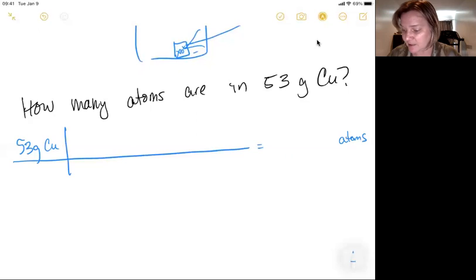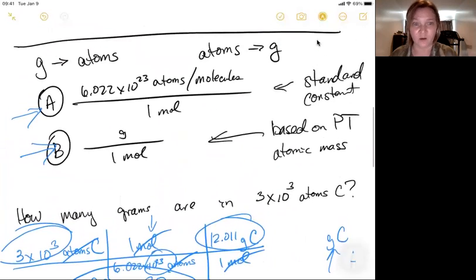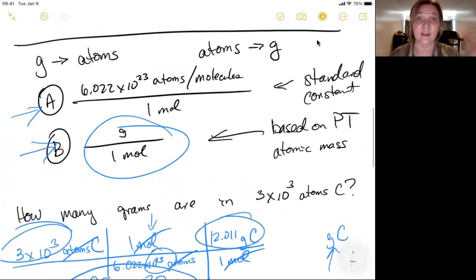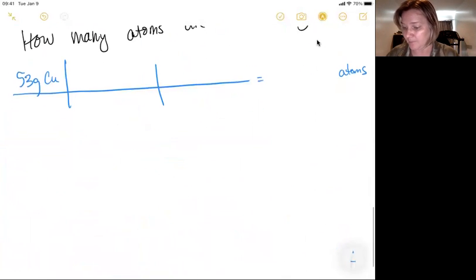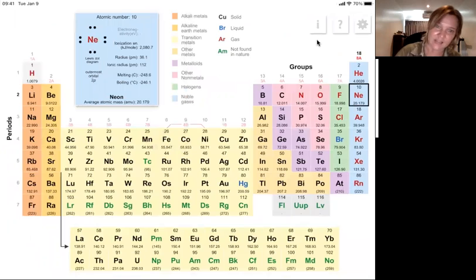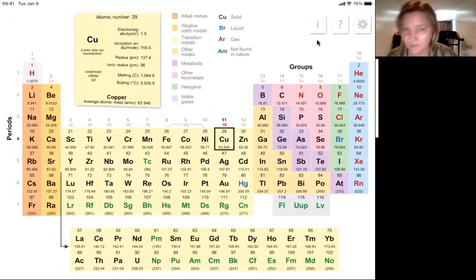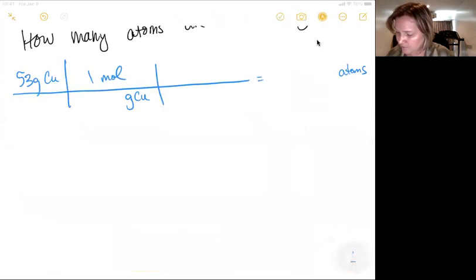The first thing that I'm going to do, again, is look up here. I start with grams, and I don't want grams, so I'm going to use this to get rid of grams. Grams are on the bottom, 1 mole on top. Go to the periodic table, find copper. It's here. No, that's helium. 63.546.